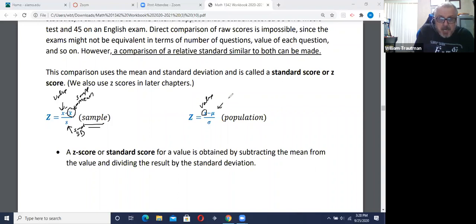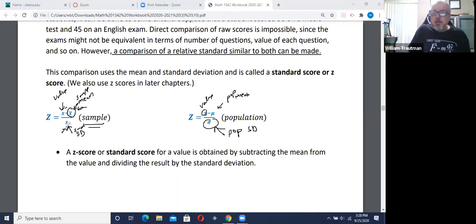You see there, this is the sample mean, this is the population mean, and this is the population standard deviation. And this is the sample standard deviation. So it's the same formula to calculate z. It just depends on whether you're using sample or population for which symbols you use in the actual formula.